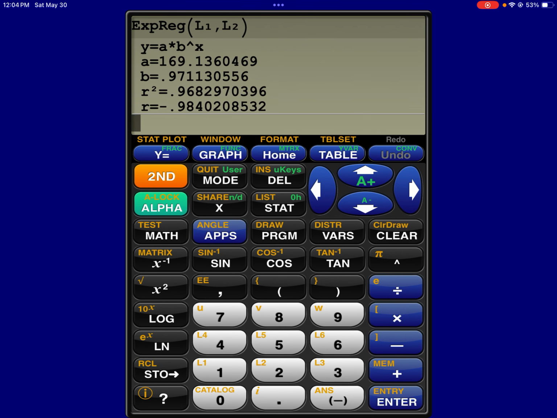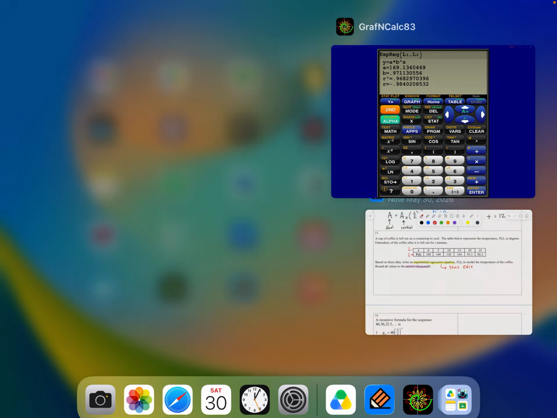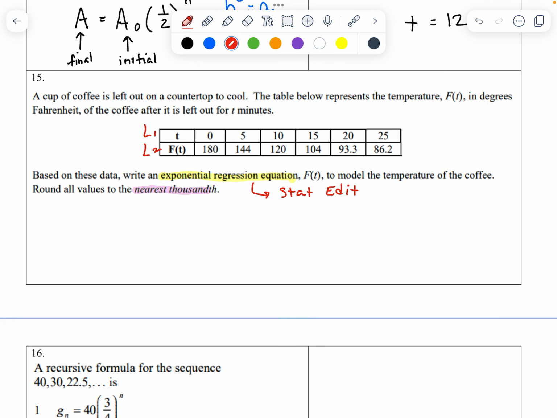So 169.136 and 0.971. So I'm just going to write those again. So Stat, Calc, EXP, REG, and then we're going to put y equals a b to the x, and then really this is acceptable, but you have to put this.